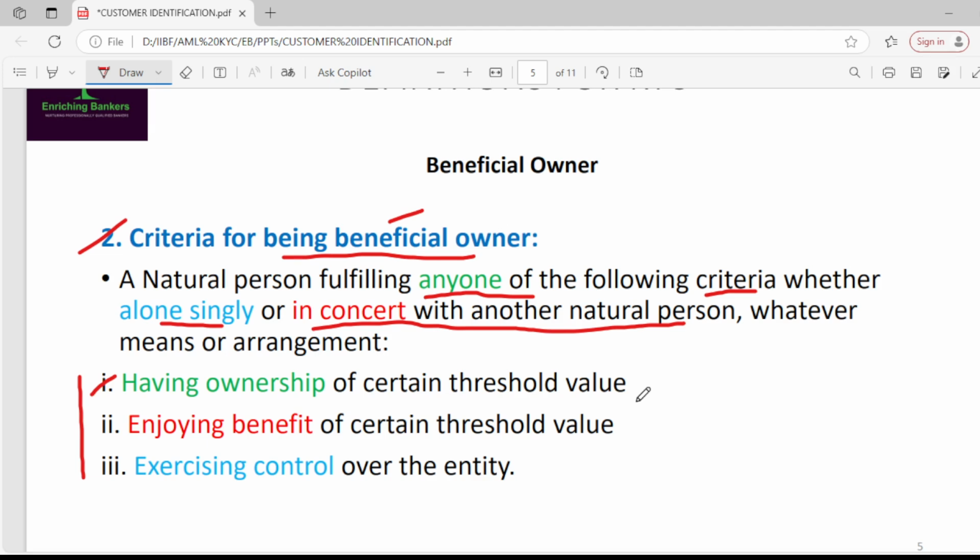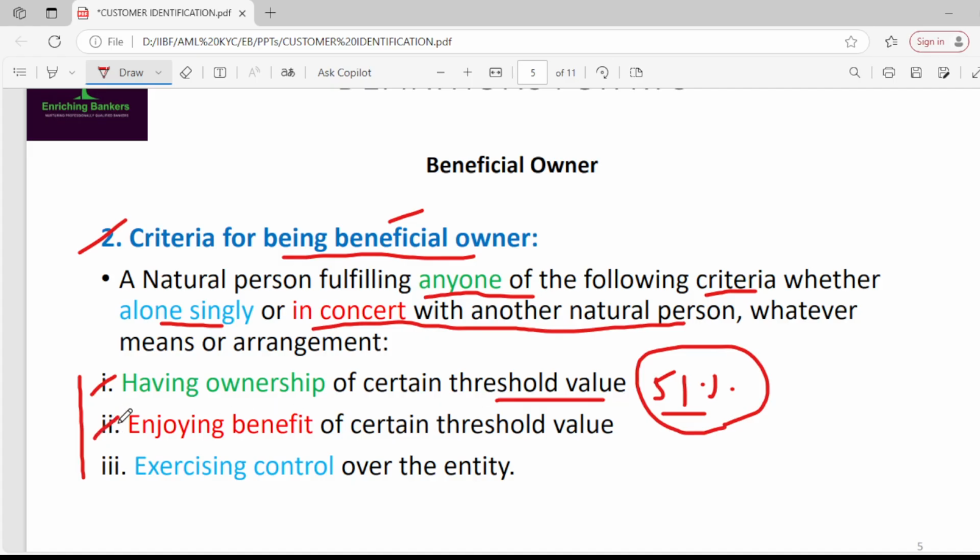For example, a person must have 51% of shareholding or 50% of shares to have ownership in company X. So here 51% is the threshold value for ownership. So to obtain ownership in company X, a person must possess the 51% of shareholding. That means must possess certain threshold value.